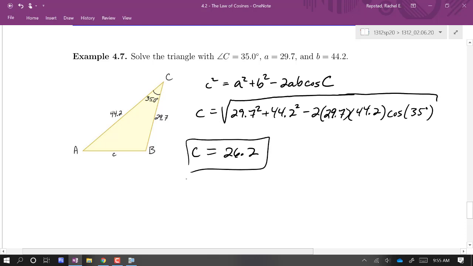Cool. So look, now we have an angle and a side opposite that angle. And in the first one we did, we said, okay, well now we can use law of sines. We have to be careful, though. In the first example, the angle they gave us was obtuse, so we knew the remaining angles had to be acute, and that we could pick whatever angle we wanted to solve for and be assured that the arcsine would give us the angle we want.